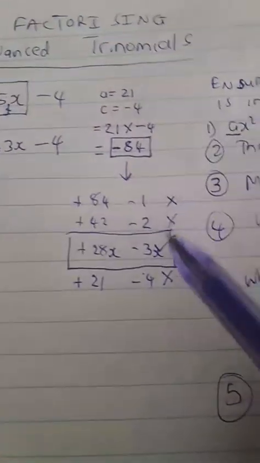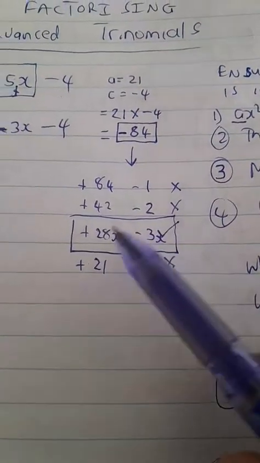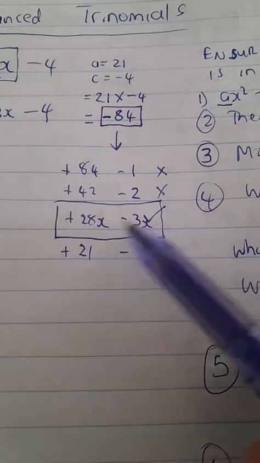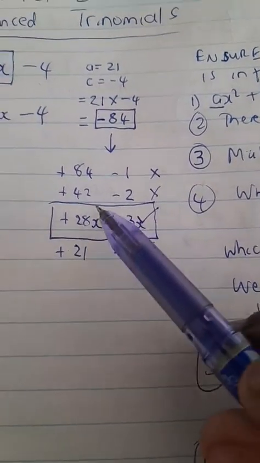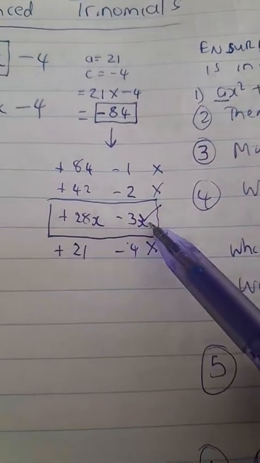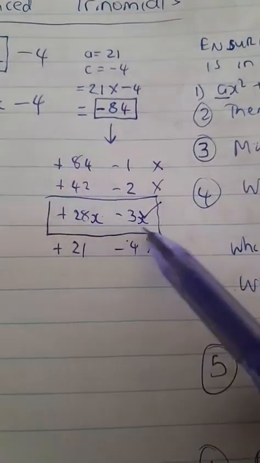Are we still flowing together, people? If I lost you here, remember, we got the factors. It was 28 and negative 3. We assigned x variables to the factors.